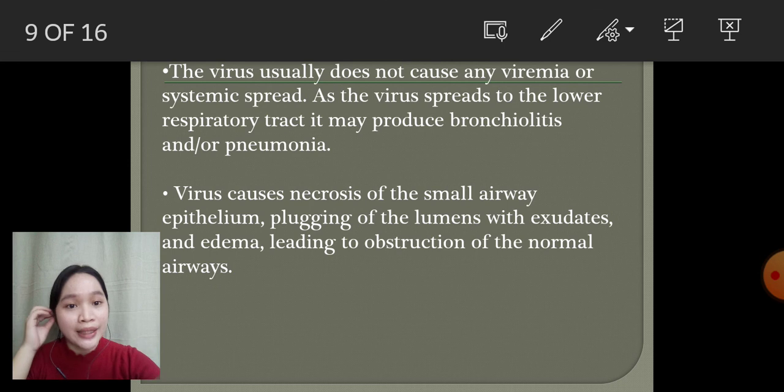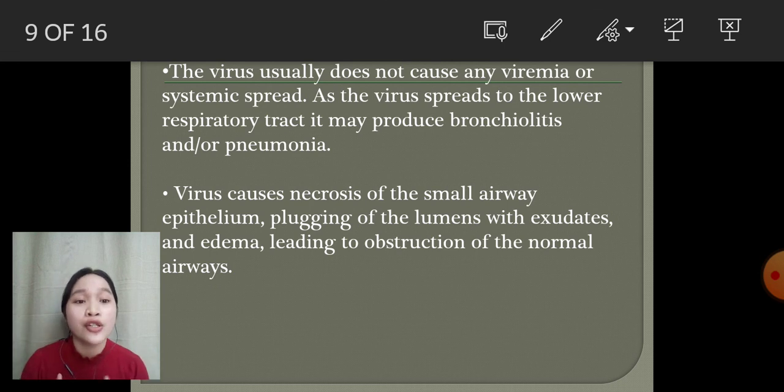Edema is swelling, leading to the obstruction of normal airways.